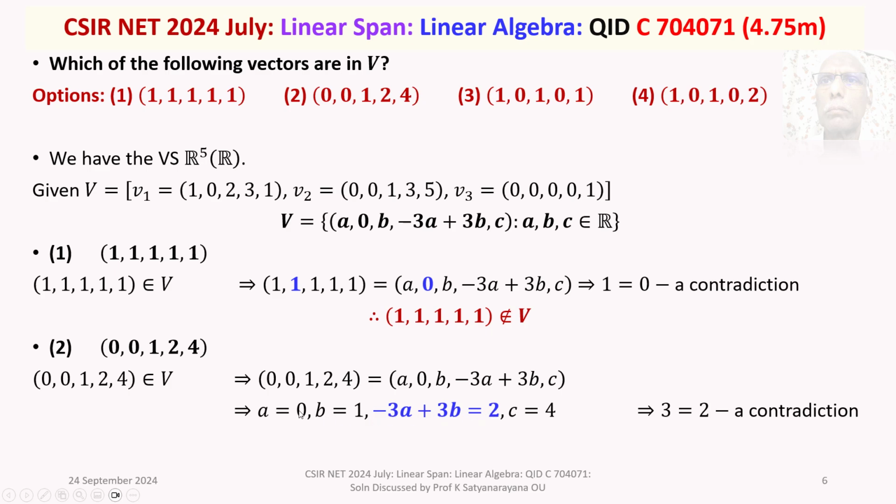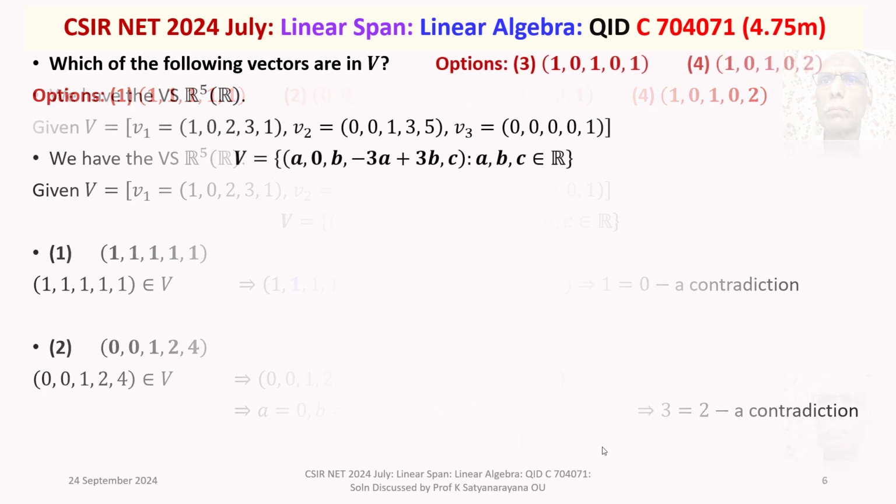If you substitute A is equal to 0, B is equal to 1 in minus 3A plus 3B is equal to 2, then you will get on the left hand side 3, the right hand side is 2. 3 is equal to 2, which is not possible. So a contradiction. This contradiction will tell you that this vector (0, 0, 1, 2, 4) is not in V. So it does not belong to V. So this is not the answer. Let's move to the other options in the next slide.